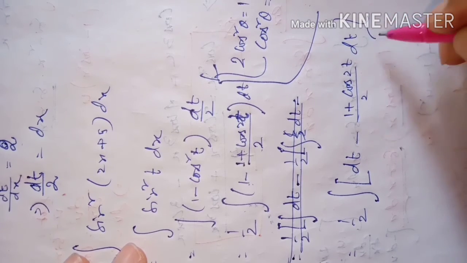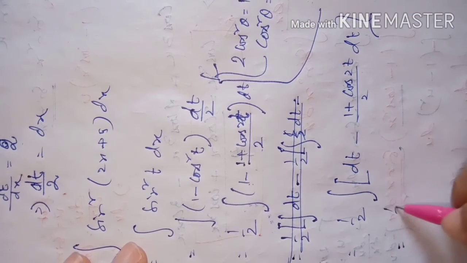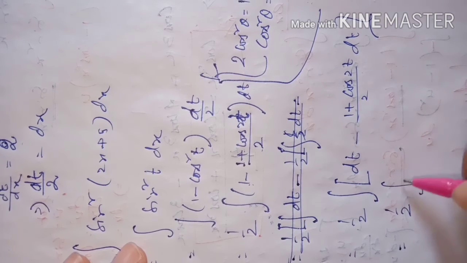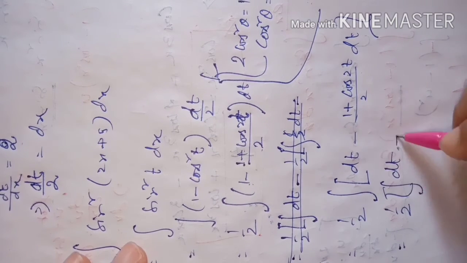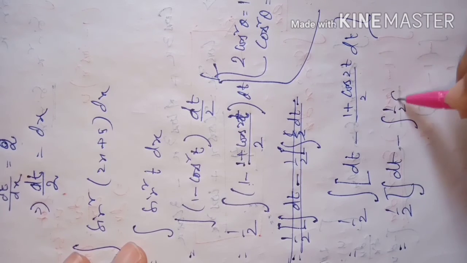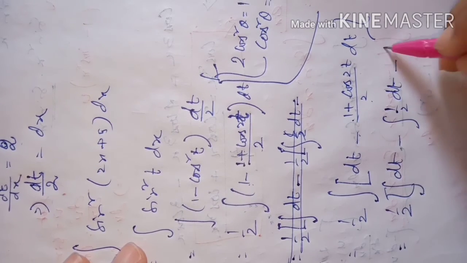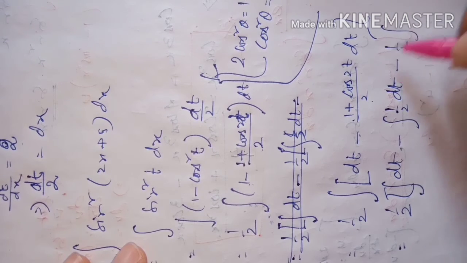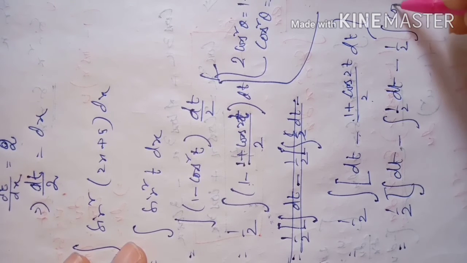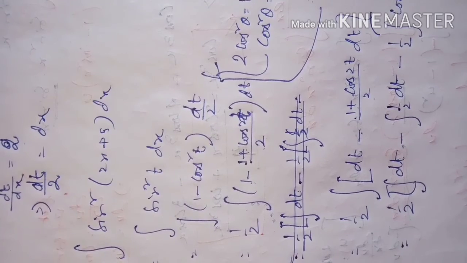Now you have to open this bracket: half into integration of dt minus integration of half dt, plus integration of half cos twice t dt. Okay, now this is the whole thing.